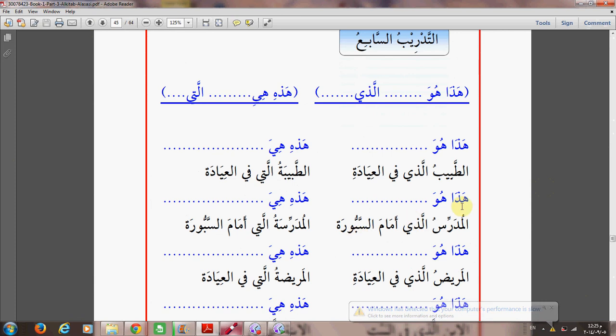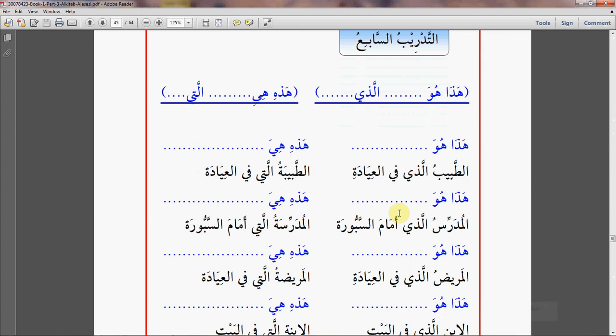Now, what are the possible changes that happen to turn this sentence into feminine? What are the possible changes you can make to change a masculine sentence to feminine? اسم الإشارة هذا turns to be هذه. Okay? الضمير, the pronoun, turns from هو to be هي. Okay?